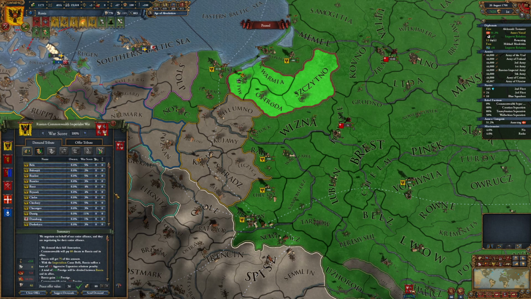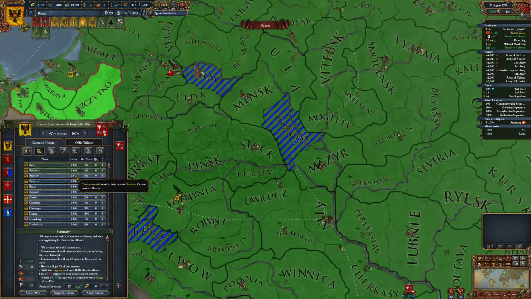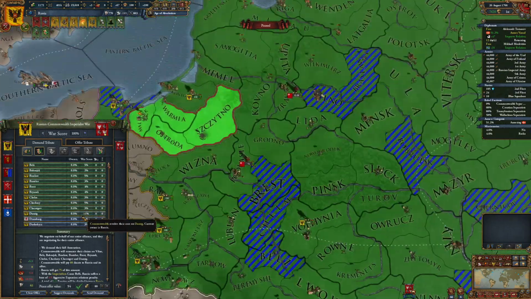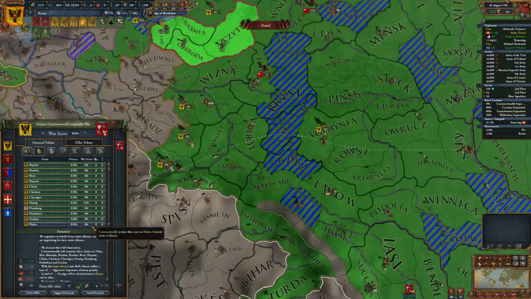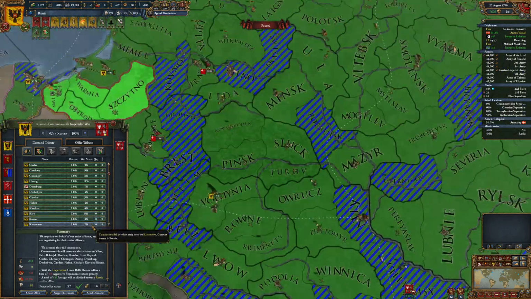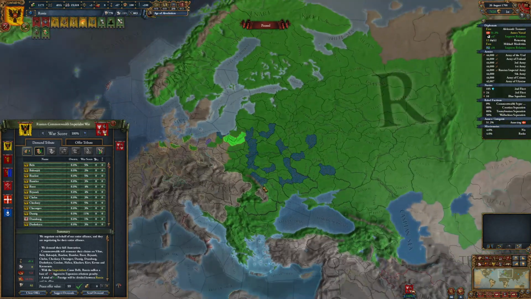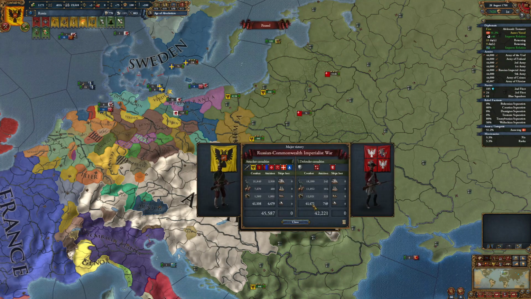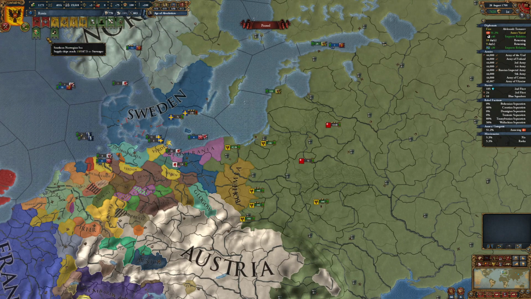But anyway, let's see if we can finish this. And as many provinces... It's 80 ducats. I don't need 80 ducats. I'd rather just remove as many of their cores as possible. There we go. The Ottomans... brother, not the Ottomans.